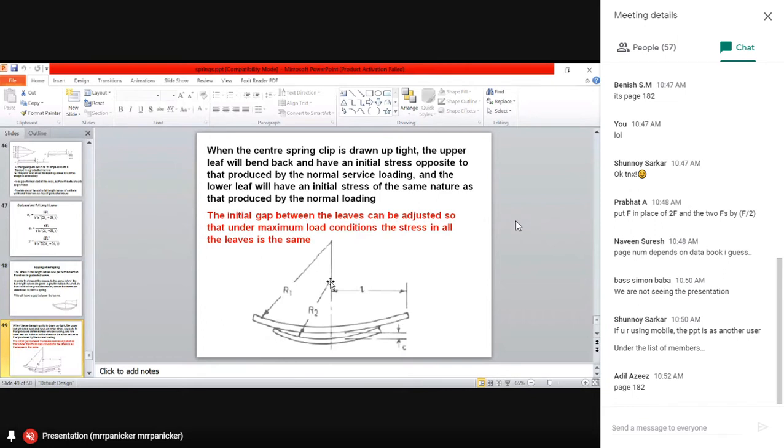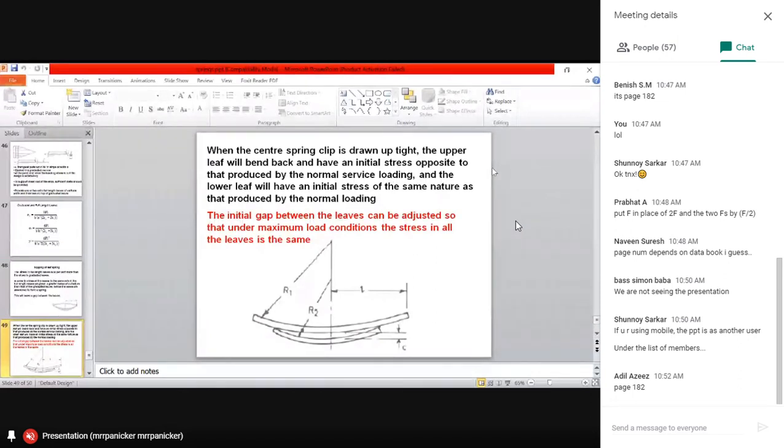Then during assembly, what will happen is you are inserting the bolt and you are pre-stressing the leaves. Pre-stressing means the upper leaf will bend back and will have an initial stress opposite to that produced by normal service load.